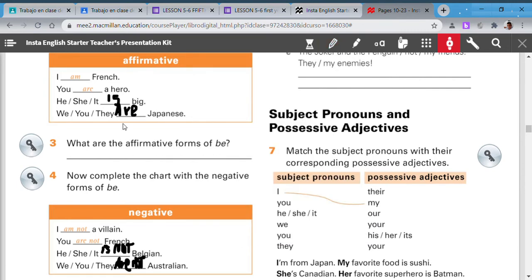I am, you are, he is, she is, it is, we are, they are. Affirmative. I am not, you are not, he is not, she is not, we are not, you are not, and they are not. This is the negative form.